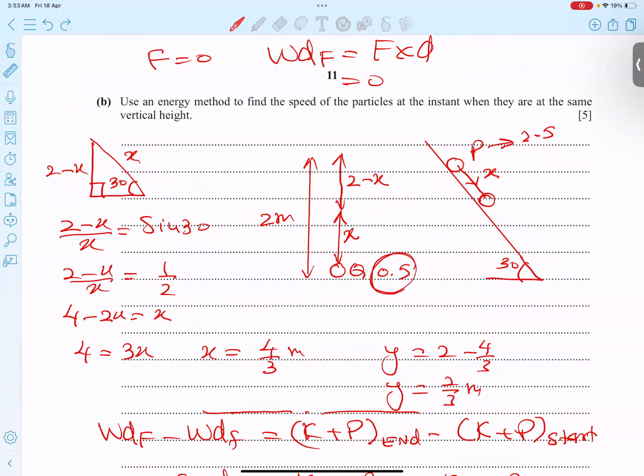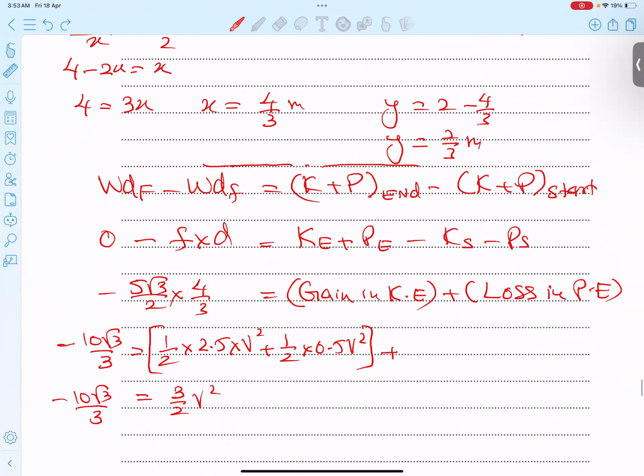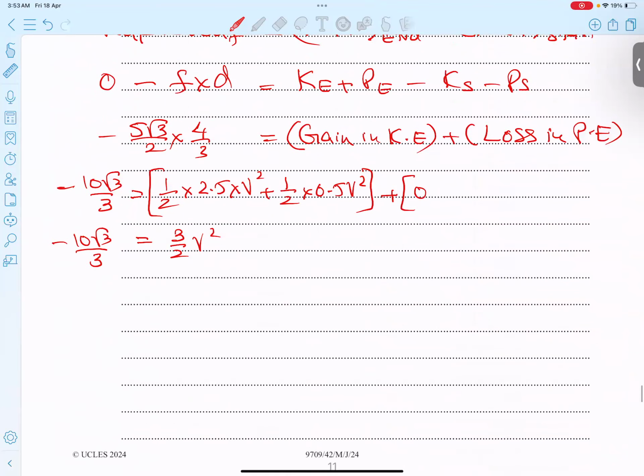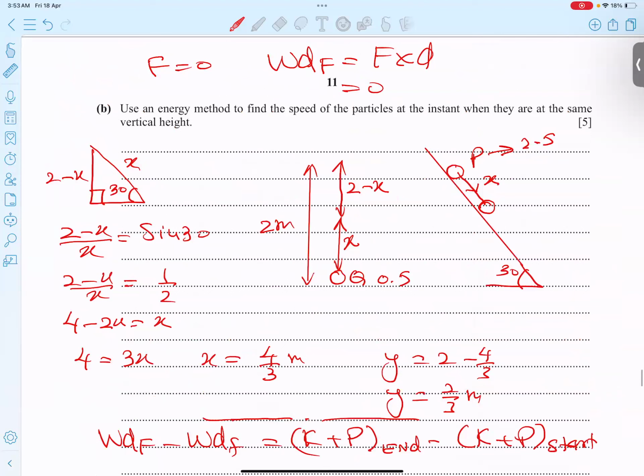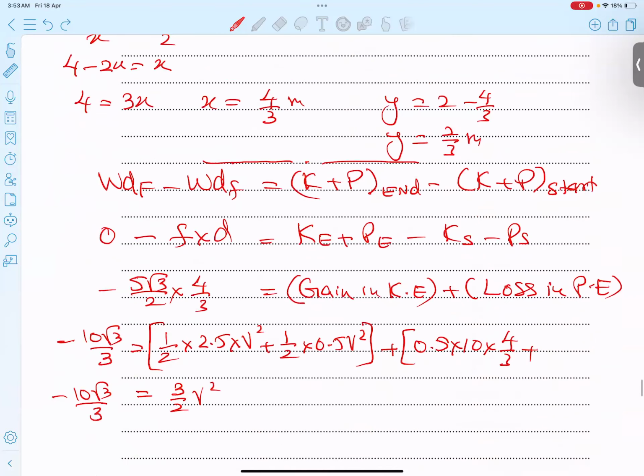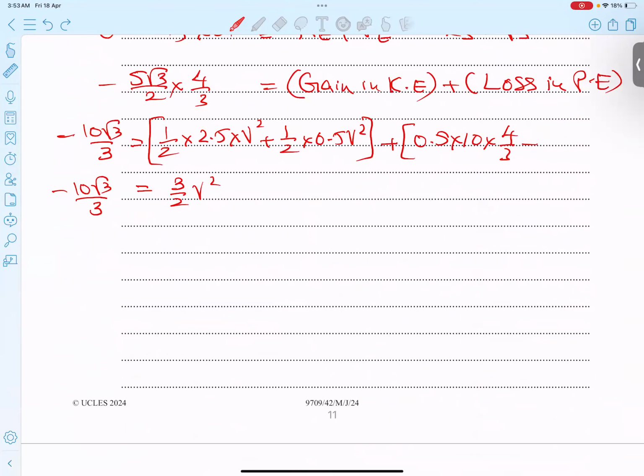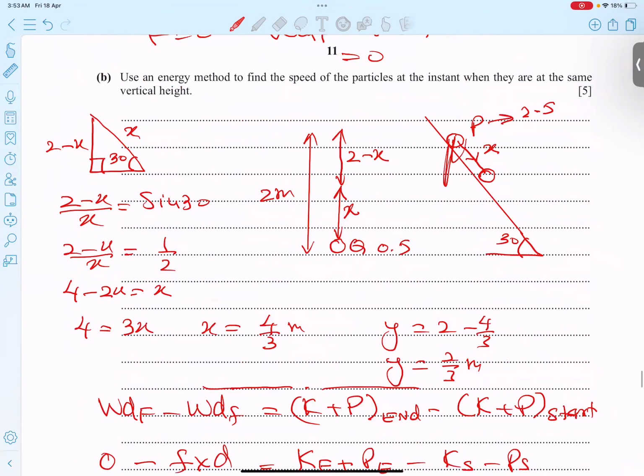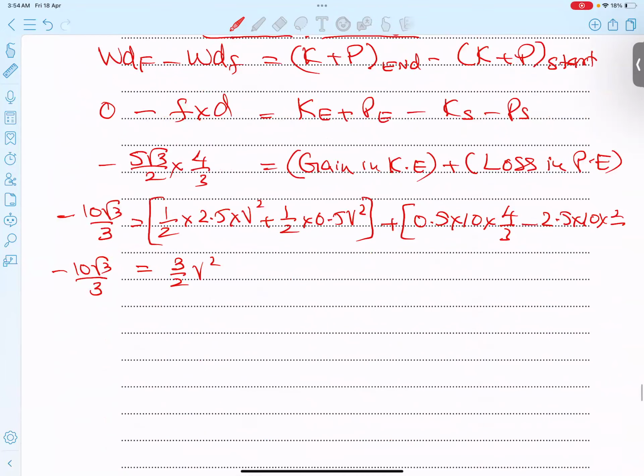So mass, gravity 10, and height 4 by 3, so I can say mgh. And this one will lose, not plus, because it is coming downwards, so I write minus: 2.5 into 10 into the height it is losing, y, which is 2 by 3.